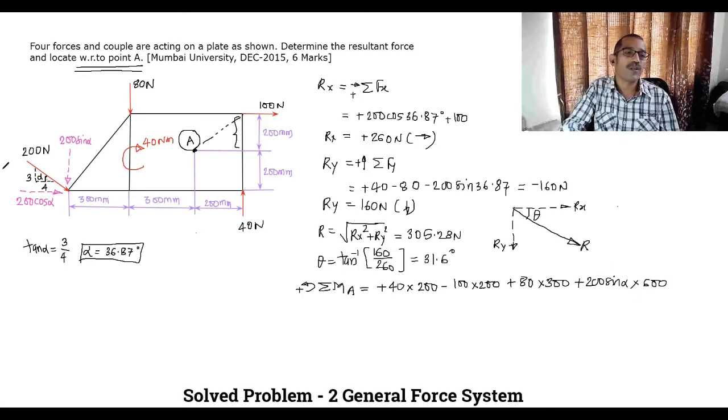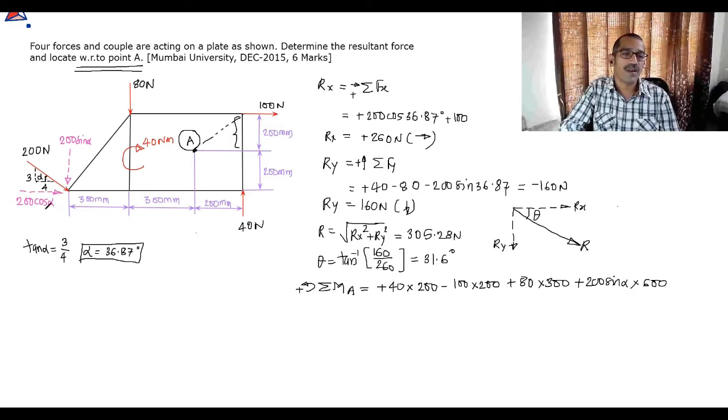Then the moment of the horizontal component 200 cos alpha about A is again anti-clockwise, plus 200 cos alpha into the perpendicular distance between its line of action and the moment center, which is 200. So this is the moment of all forces about this point.